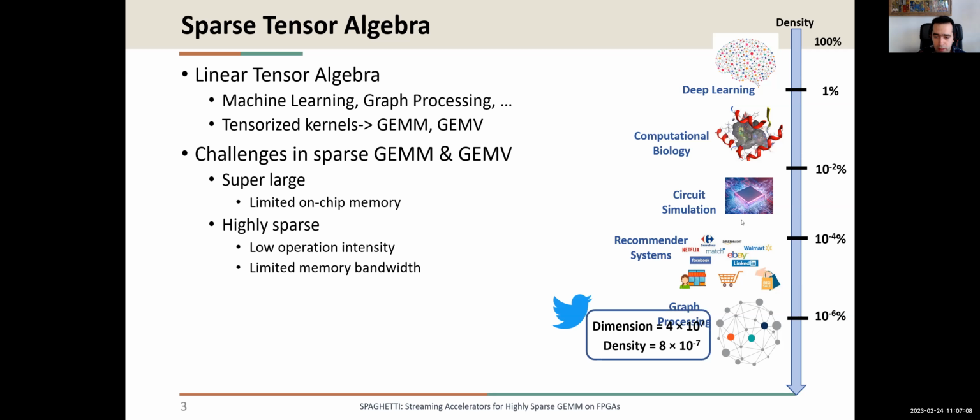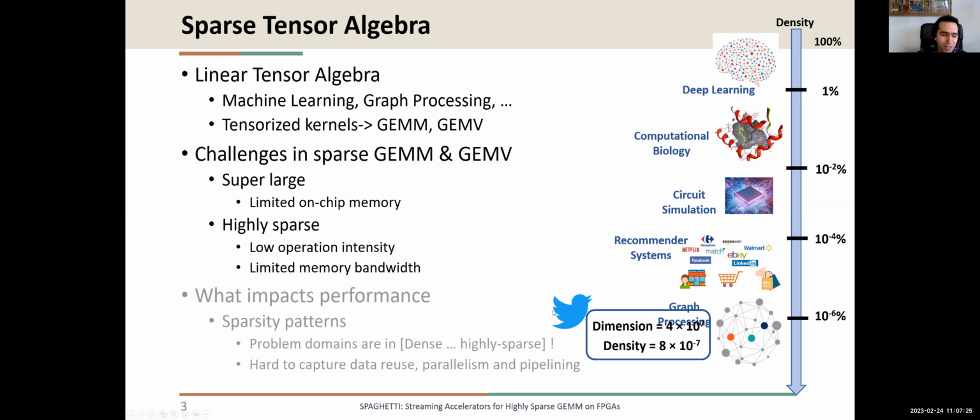This is the dimension of a graph from Twitter, and as you can see, we have more than 40 million elements, but the density is very low, almost close to zero, but it's not zero. So the pattern of the sparsity, or the distribution of the non-zero elements, impacts the overall performance and throughput of our GEMM algorithms.